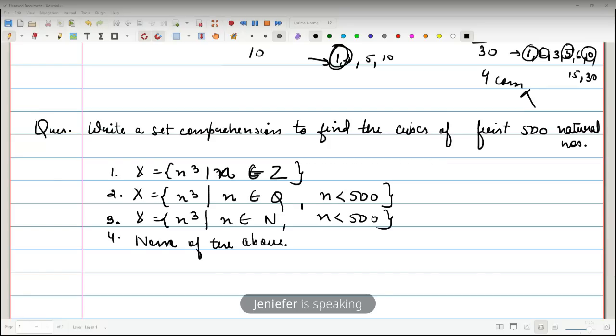Sir, third one. Okay, great. Rohit, did you understand it? Yes, sir. I agree. It's the third one, sir. Okay, so everyone is clear on this, right? Yes, sir.